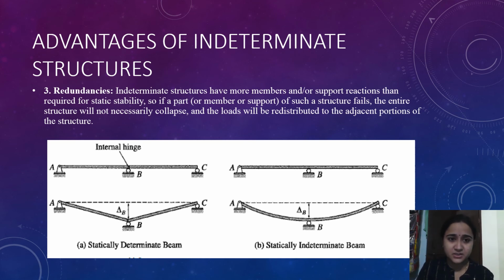Next is redundancies or unknowns. The indeterminate structure has more members and support reactions than required for static stability. So if part of such a structure fails, the entire structure will not necessarily collapse. The loads will be redistributed to the adjacent portions of the structure.